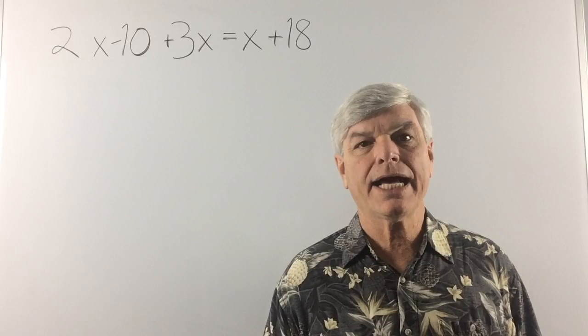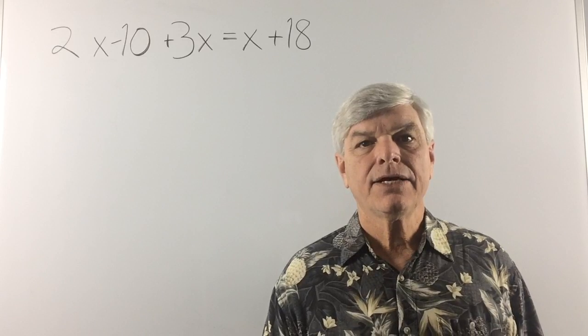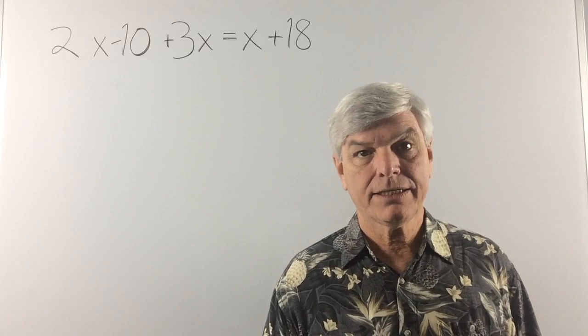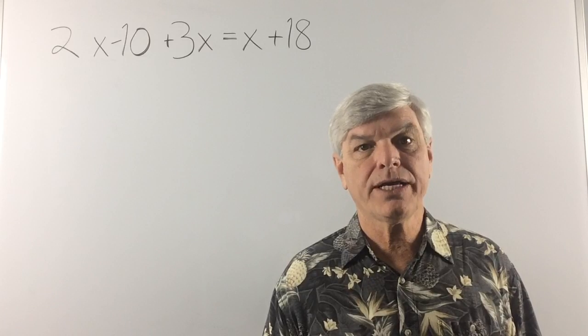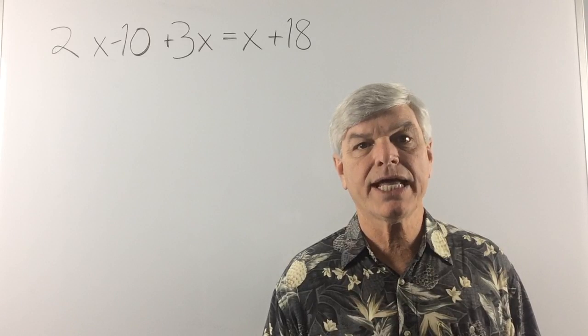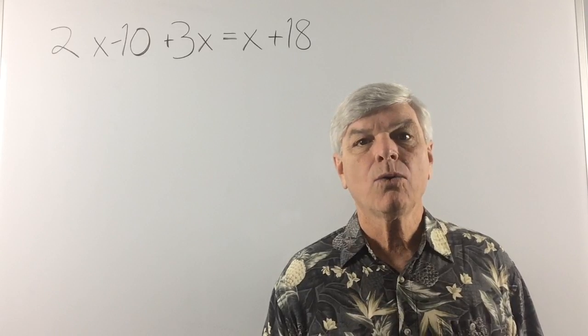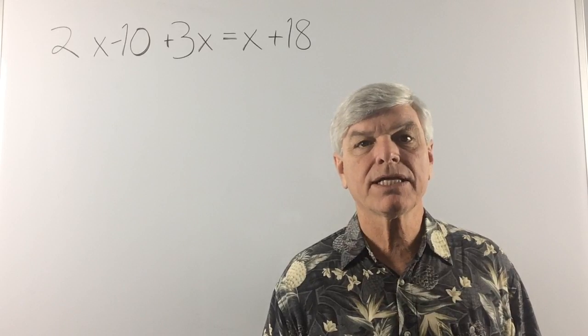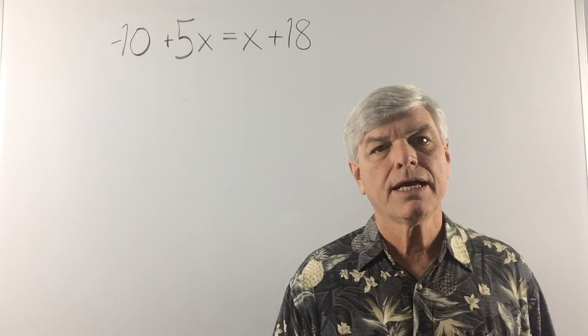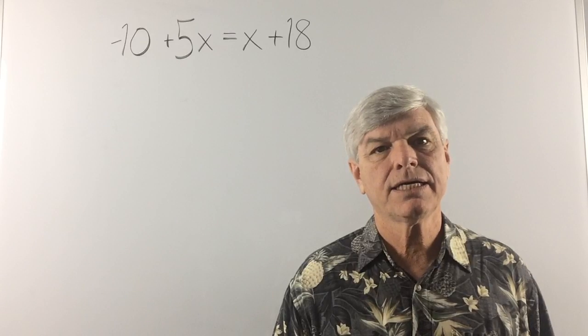And we're going to add like terms. And on the left-hand side, there's only one unit, and that would be negative 10. So we can't add that to anything. We have 2x plus 3x. And that's 5x, so we have negative 10 plus 5x.